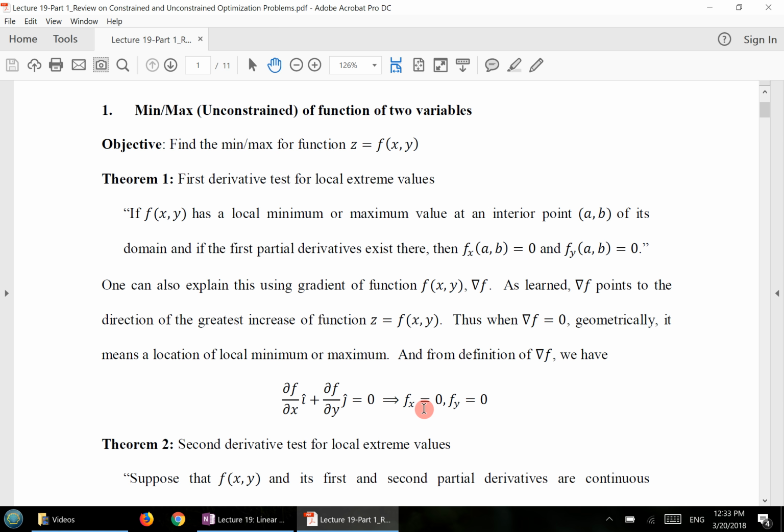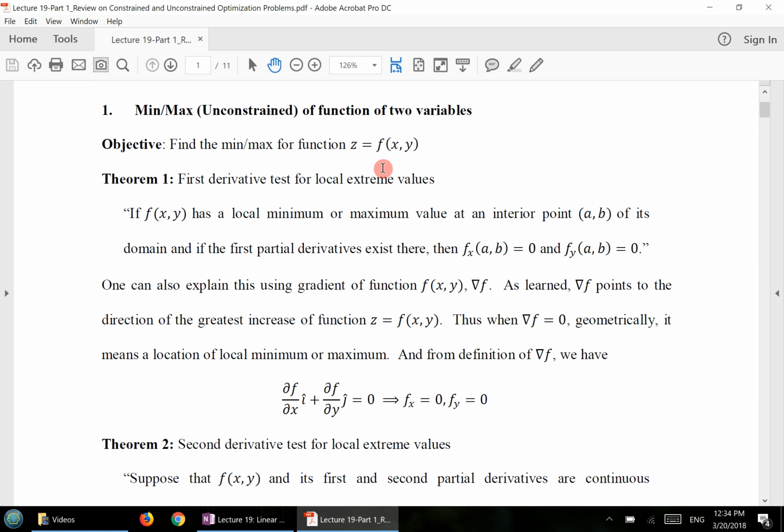The solution is the so-called critical point for that function. Now, what if I have a function of more than 2 variables? Then you can't graph that anymore, but you can imagine a function of n variables, an n-dimensional case. You do the same thing: take the gradient of that function and set it equal to 0, and the solution is your critical point. That's called the first derivative test.